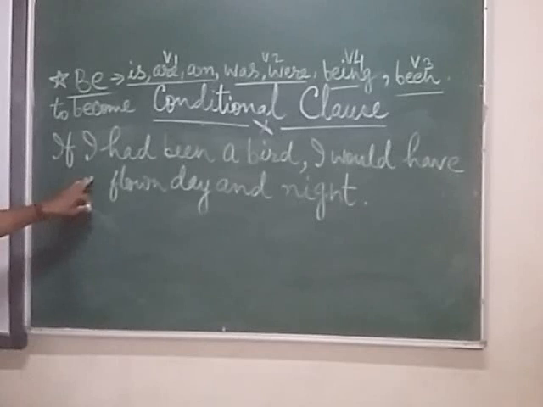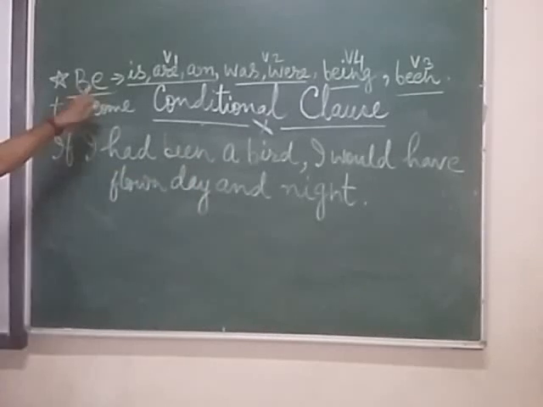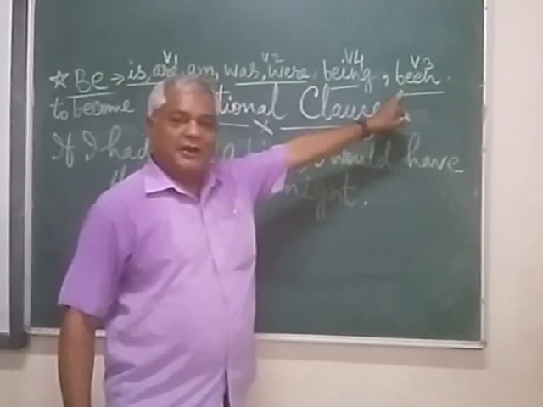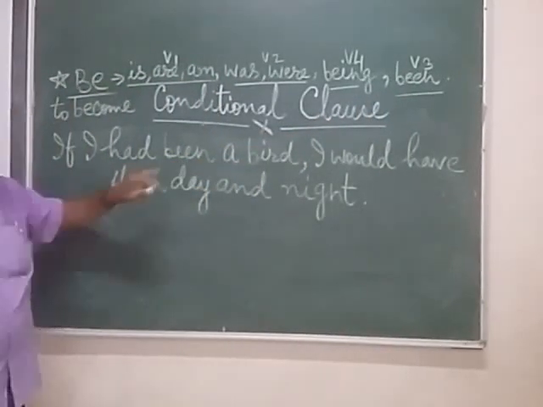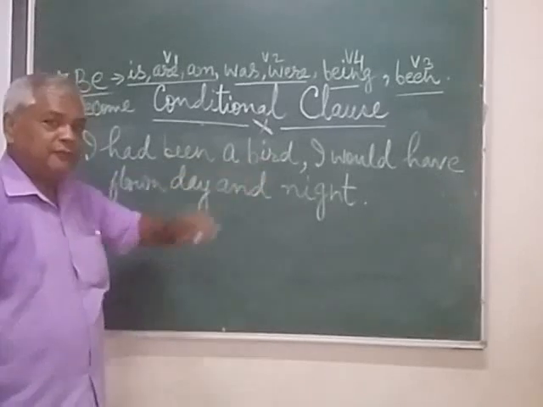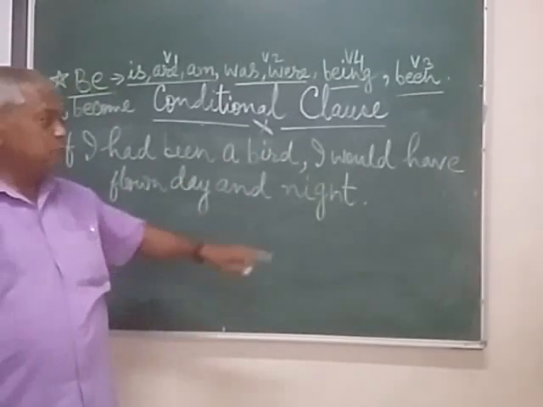So first, past perfect, subject plus had plus V3. So word be, this V3 is been over here. So been I have written. If I had been a bird. Now next sentence, subject plus models.